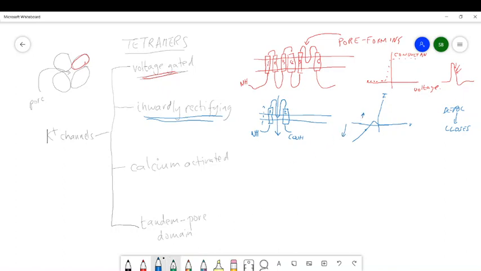So another group then we have are the calcium activated channels. So let's have green for the calcium activated channels. These are the same structure as voltage gated ones.